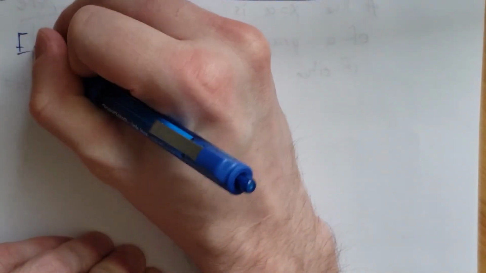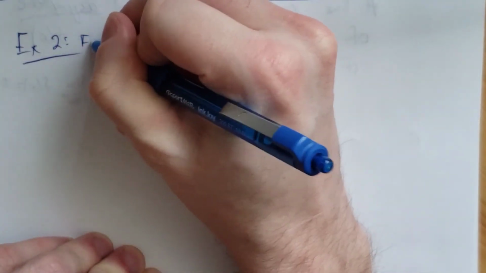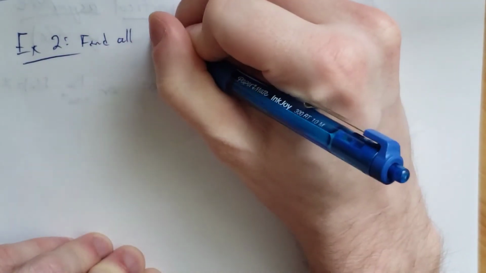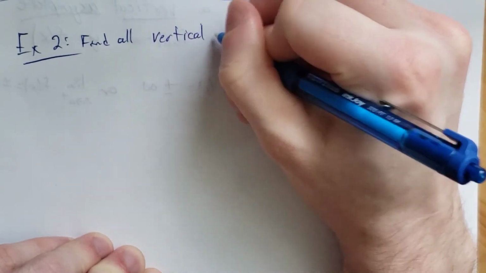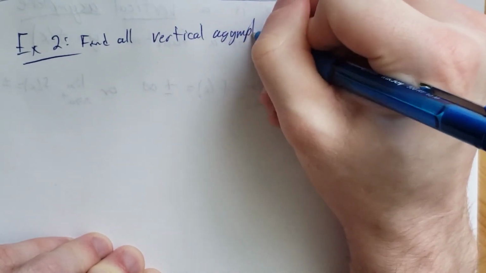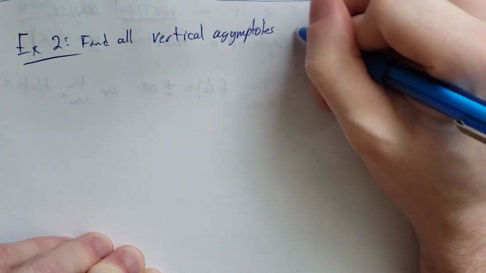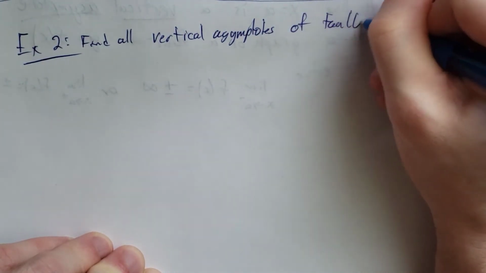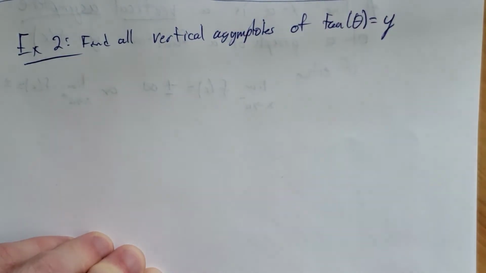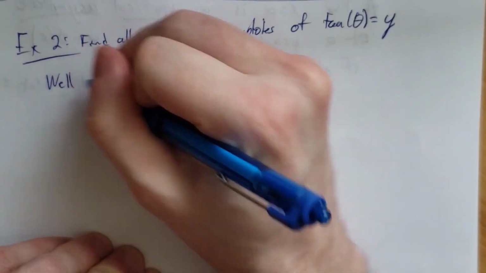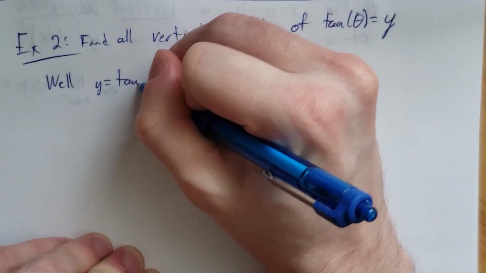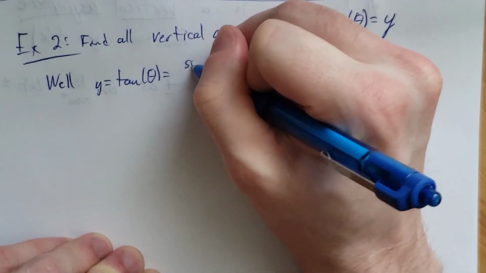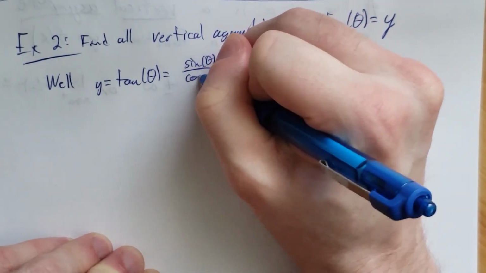So example 2 is to find all vertical asymptotes of tangent of theta is equal to y. So first thing we notice is that y is equal to tangent of theta, which is sine of theta over cosine of theta.